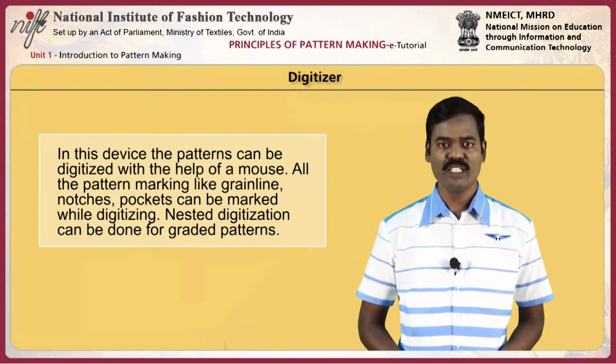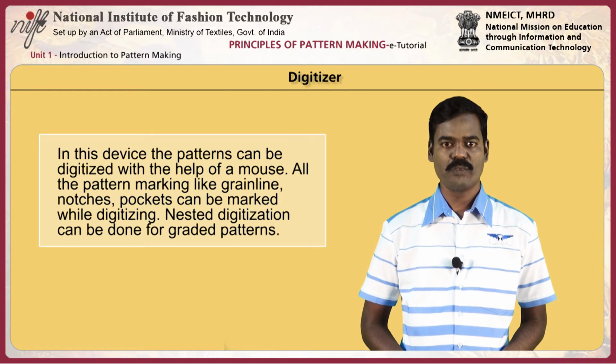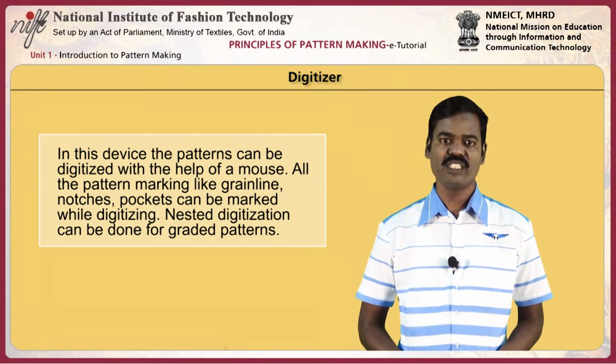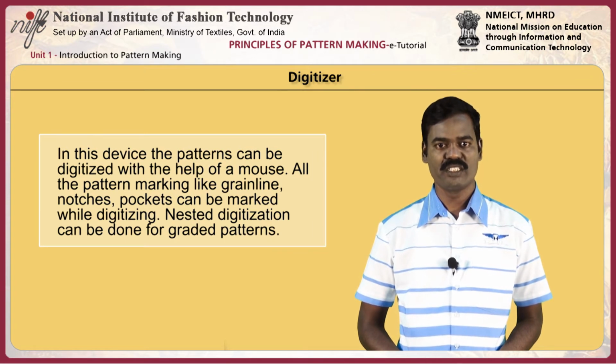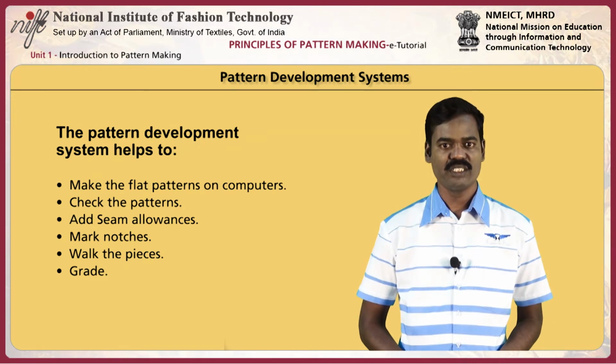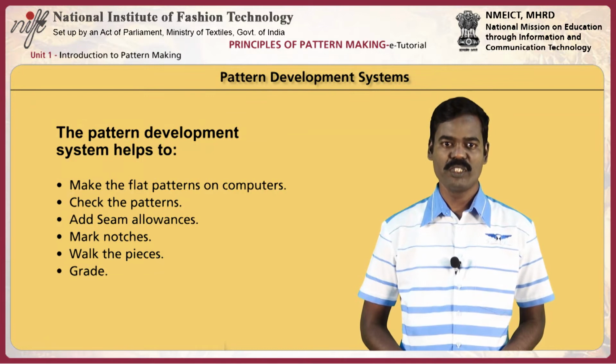All the pattern markings like grain line, notches and pockets can be marked while digitizing. Nested digitizing can be done for graded patterns. The pattern development system helps to make flat patterns on the computer. It helps to make the patterns, check the patterns, add seam allowances, make notches, work the pieces, grade, etc.